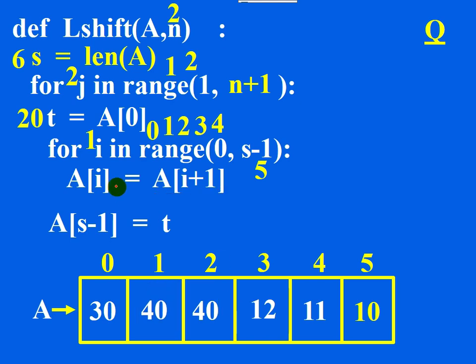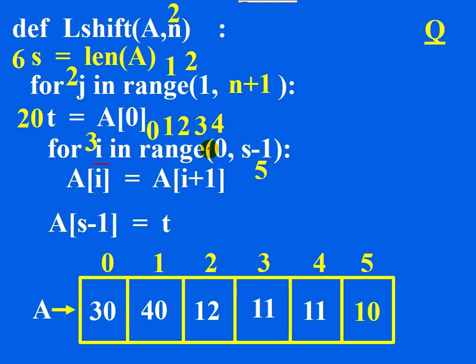Okay. Now I takes the next integer in the range, that is 2. A of 2 plus 1, A of 3 is assigned to A of 2. This is assigned to A of 2. I takes the next integer in the range, 3. A of 3 plus 1, A of 4 is assigned to A of 3. So this one is assigned here.